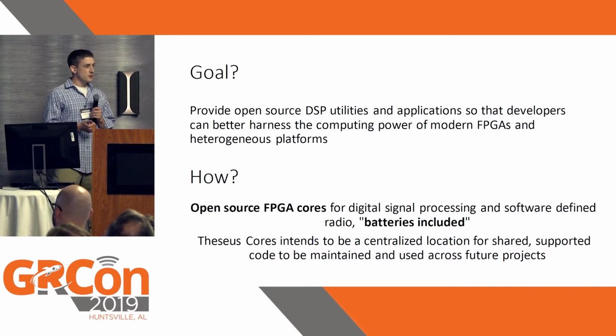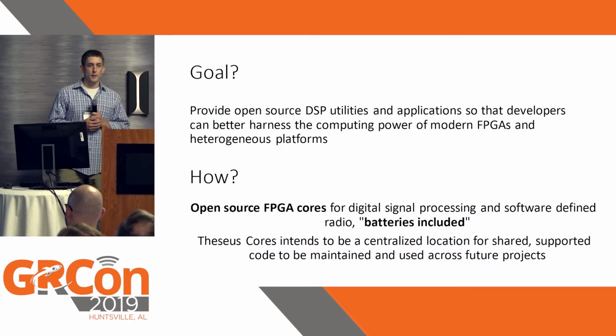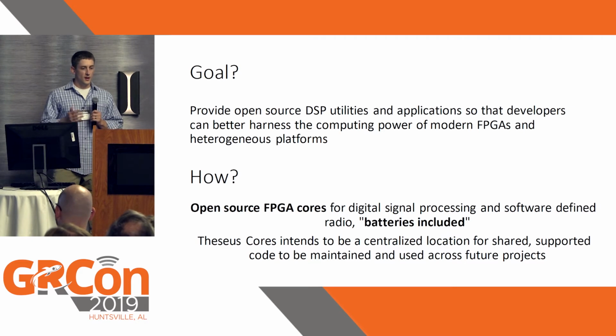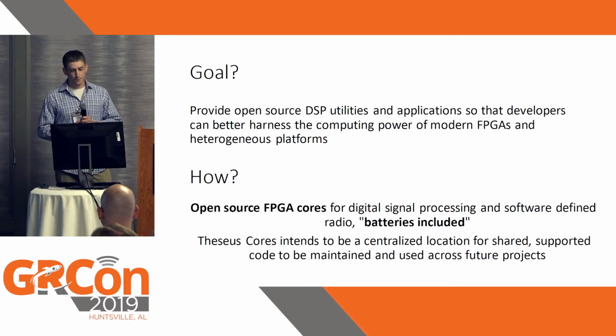They're FPGA first, so they're not tied to any particular infrastructure. That said, the batteries included pretty much boils down to RFNoC integration right now, because there are platforms that support RFNoC, and if you can just build a bit stream and put it on hardware that's there with these cores and get up and running, then I would consider that a very meaningful success.